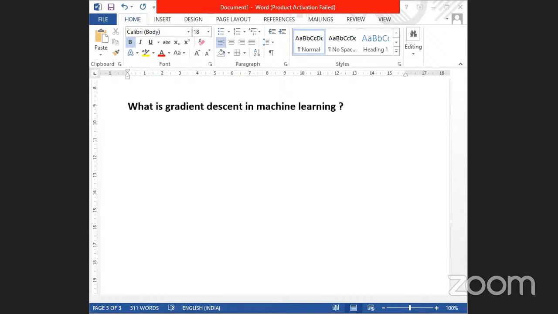Like in the starting, our weights are chosen randomly, and with the help of gradient descent, they are updated using the learning rate, and according to that, they are able to find the local minima.